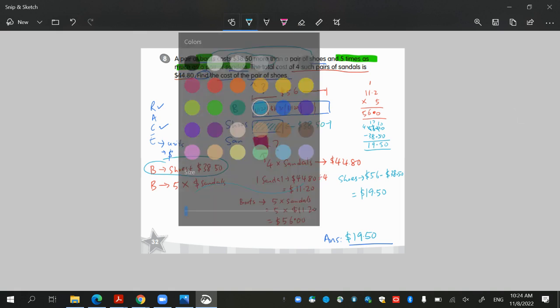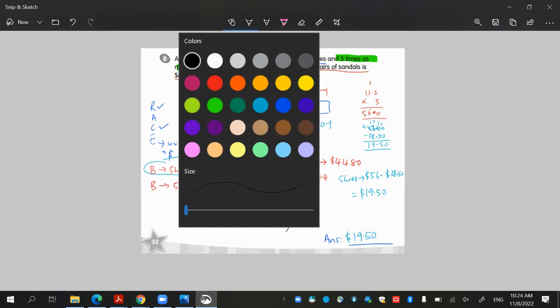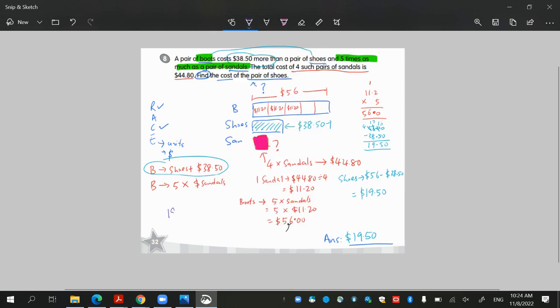Checking working. $19.50 plus $38.50. Okay. 7. Eh? Did I make a mistake?